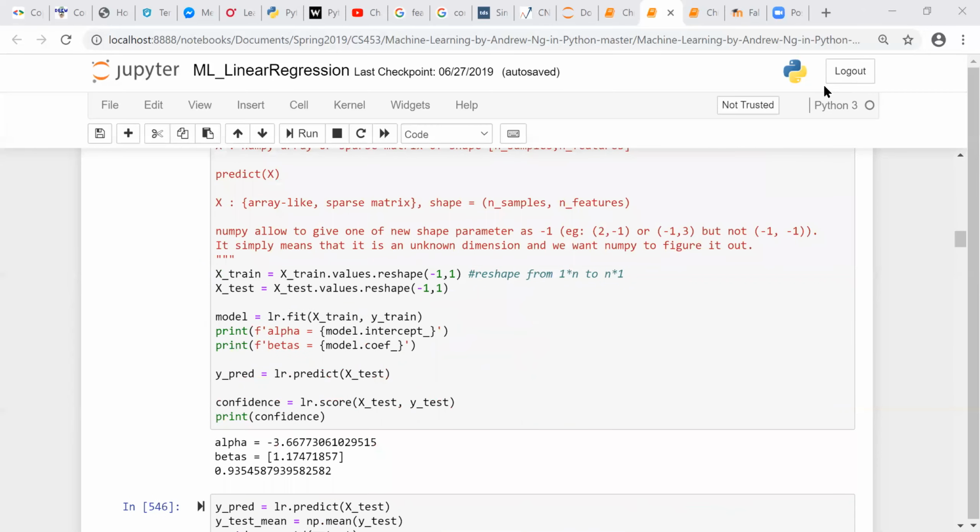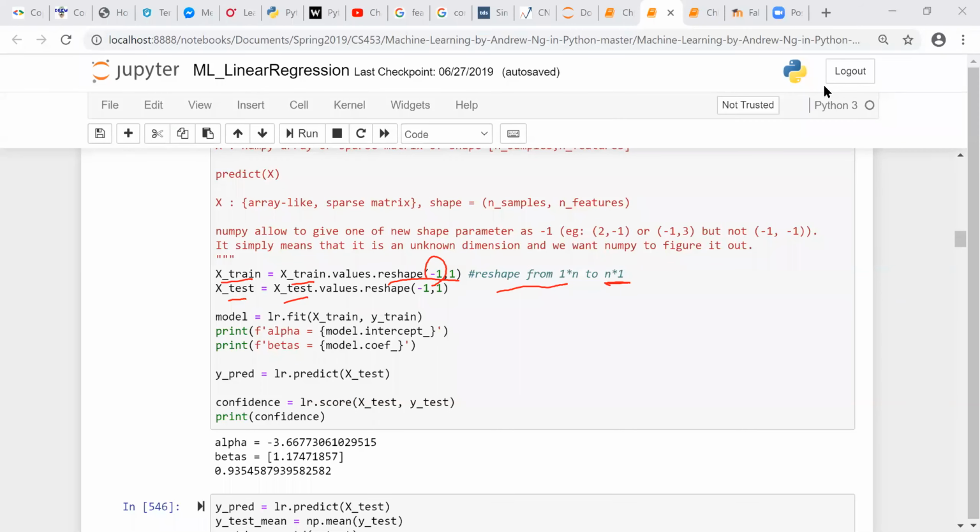Then next, let's see what we did here. For the training and the testing data, we already collected the train and testing data, but we need to reshape it. The data it provides is one row, n columns. That's not what we want. So we want to reshape it to n by 1, because we only have one column of data. I'm not sure if you still remember this negative one.